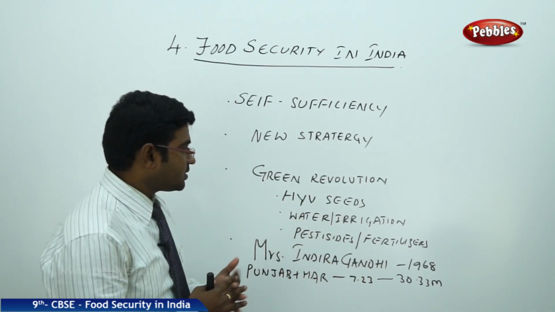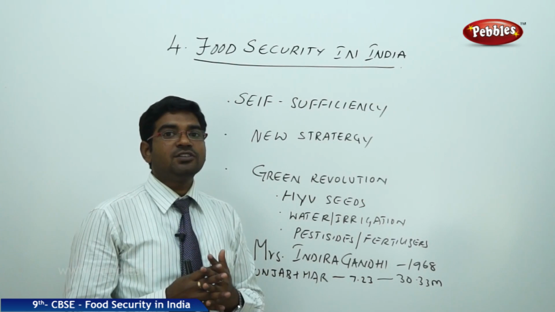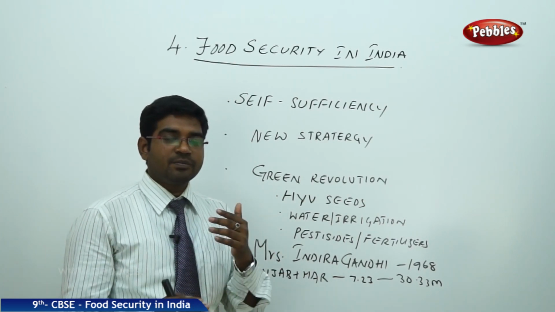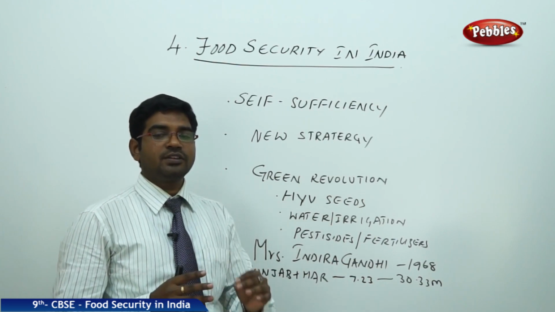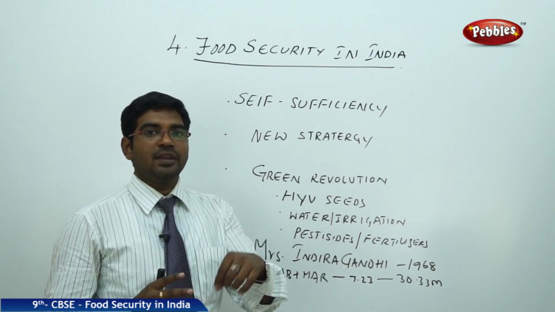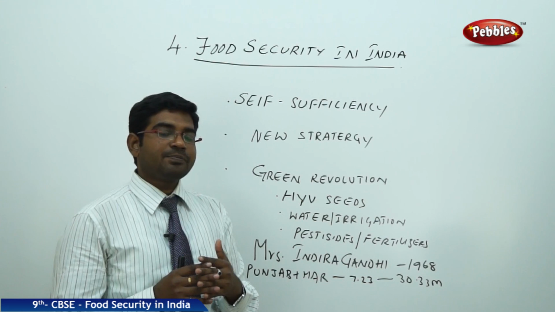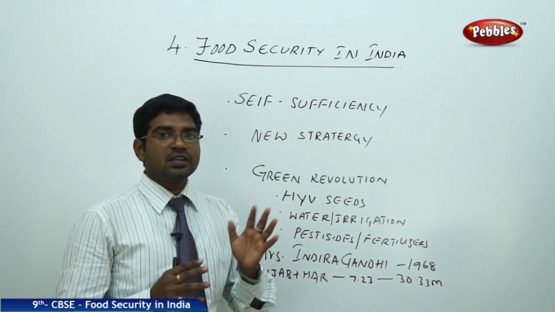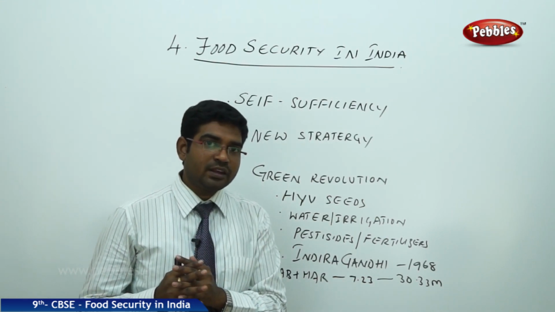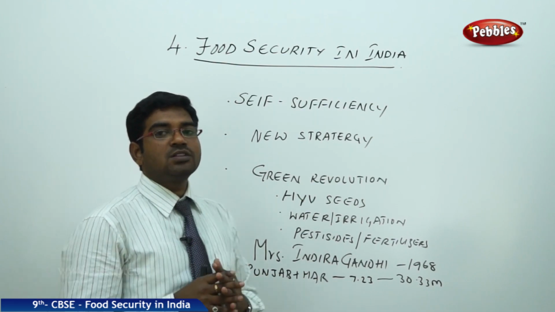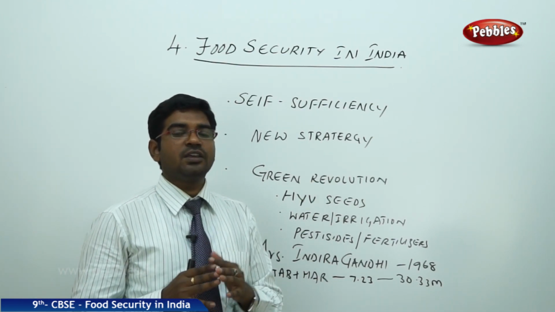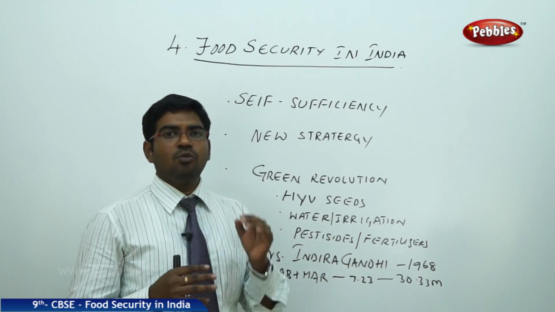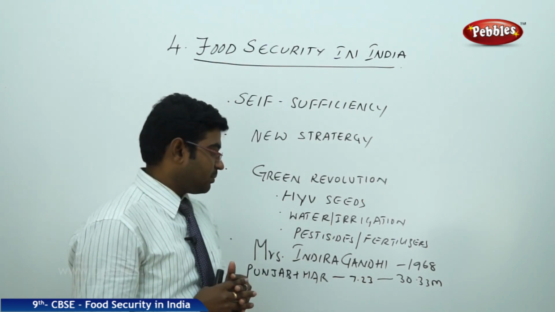All these things were pursued in 1960, and year by year it took turns, like once it was introduced in wheat, later in rice, later in the millets, later in the cereals. The journey of the Green Revolution continued, and it showed a tremendous impact, increasing the production of wheat and rice to more than double.